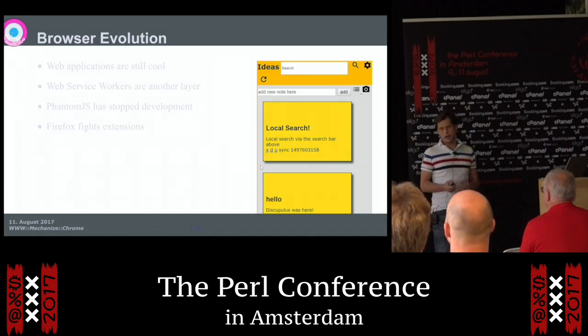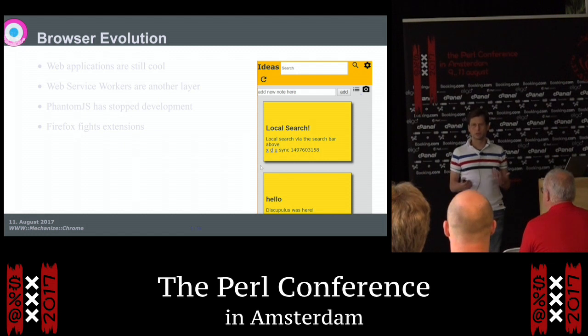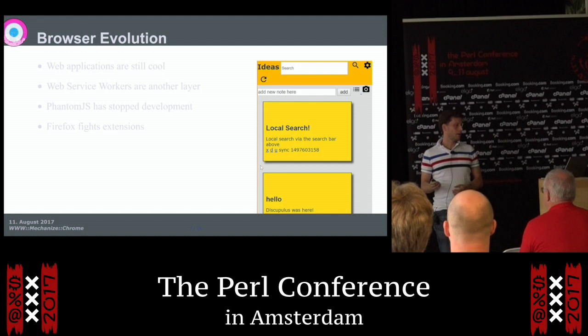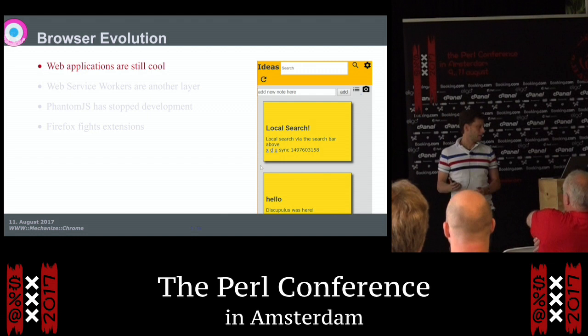Now, why do I keep looking towards replacing WWW::Mechanize with other things? Because Mechanize does many things quite well. But my topic is browser evolutions and the things that people do with browsers.